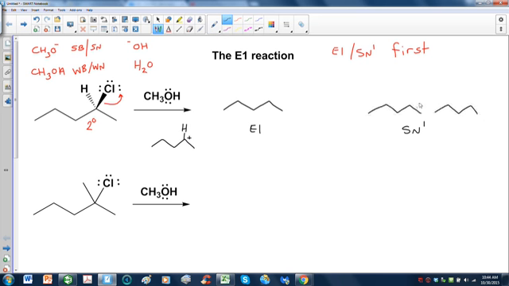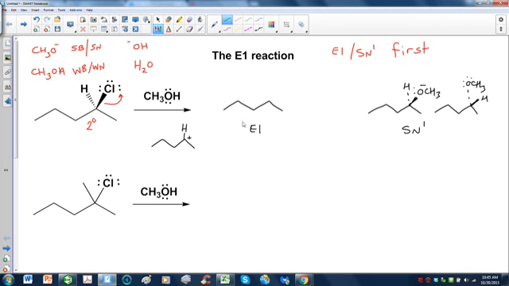So what we get here would be something that looks like this, and then this guy here, and then this, which would be the enantiomer of that, this. Okay? So these would be my 2 enantiomeric products that we'd know what to expect from an SN1 reaction, because we've seen that before.